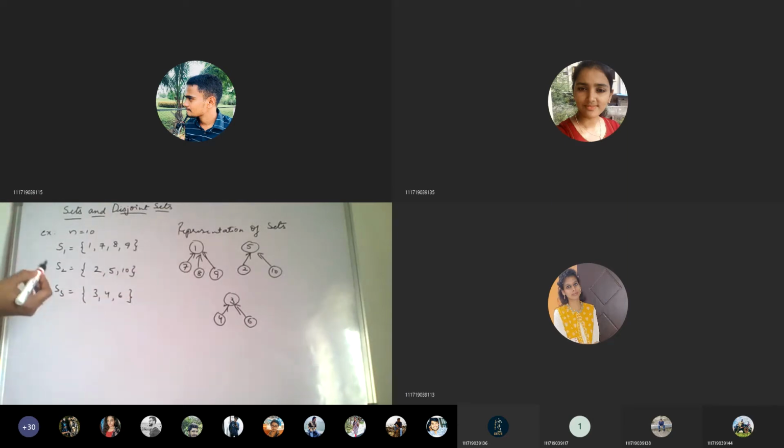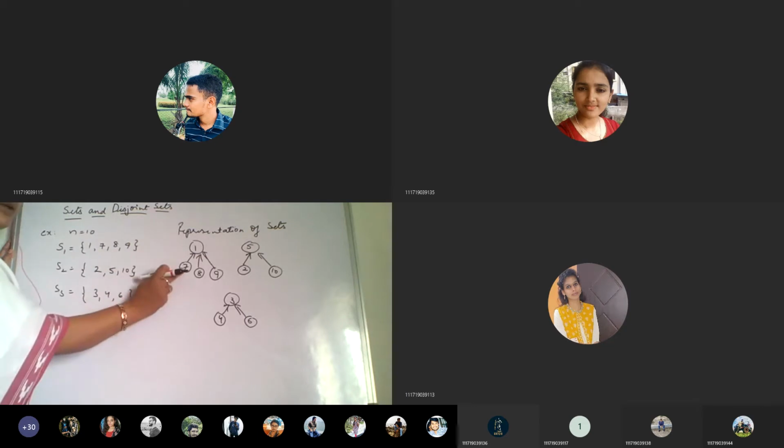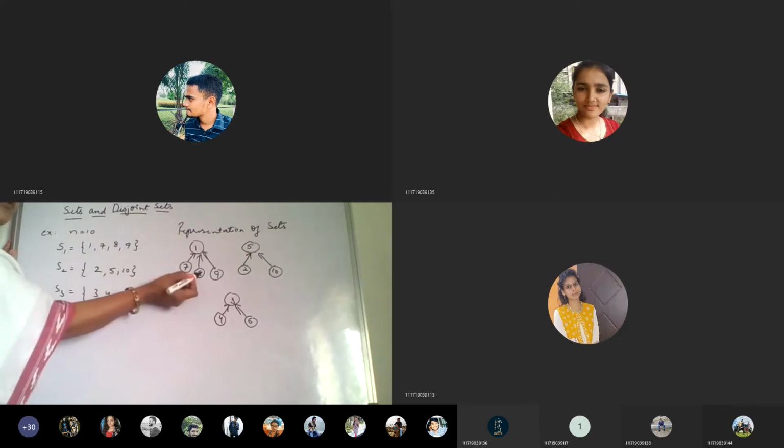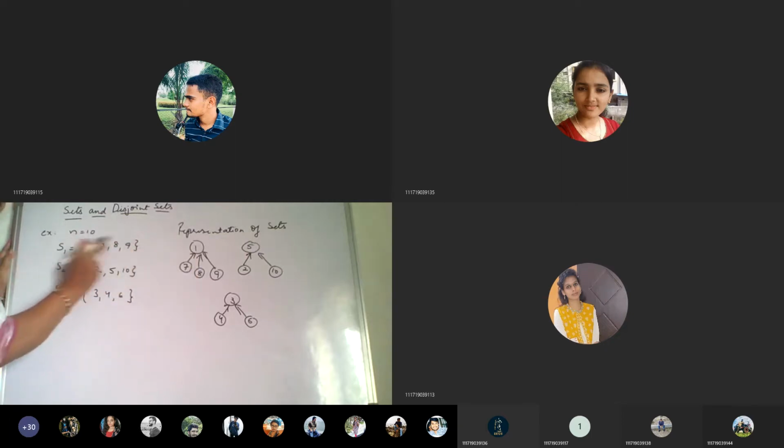You may have some doubts: if in set S1 we have the elements 1, 7, 8, 9, so 4 elements are there, which one will become the root? In general, anyone can be made the root and all other elements can be made its children. Here I made 1 the root and 7 a child of the parent 1. So I am keeping the arrow from 7 to 1, and 8 is also a child of 1, so from 8 to 1, and then 9 to 1.